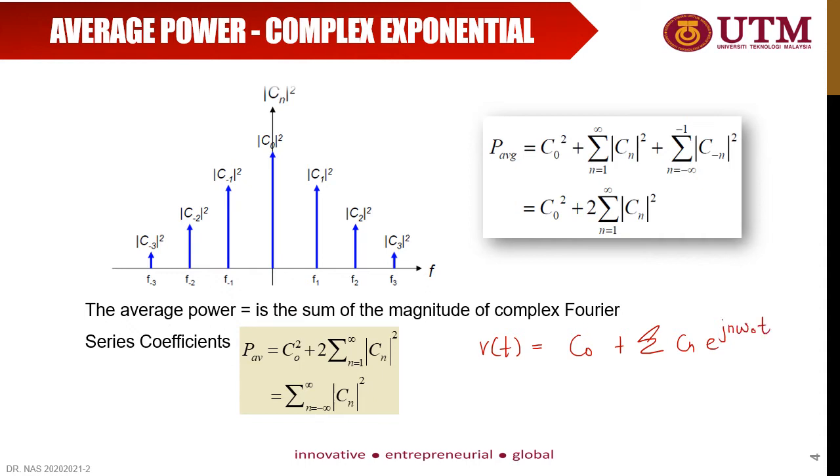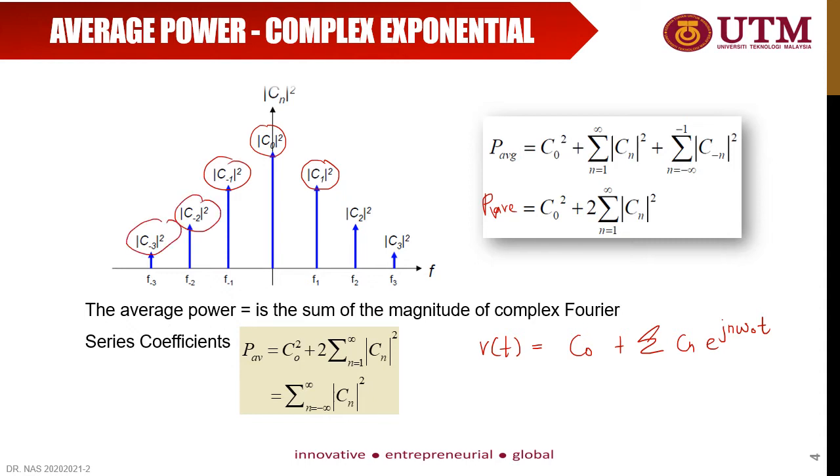So to calculate the P average or average power, you need to consider the coefficients for each of the pulses up to the number of harmonics required. So in this case, you have C naught, P average equal to C naught squared plus C1 squared plus C2 squared plus C3 squared, and also the negative frequencies as well.